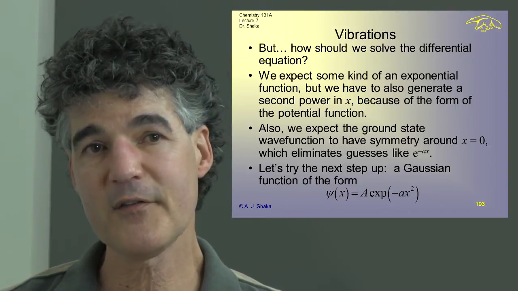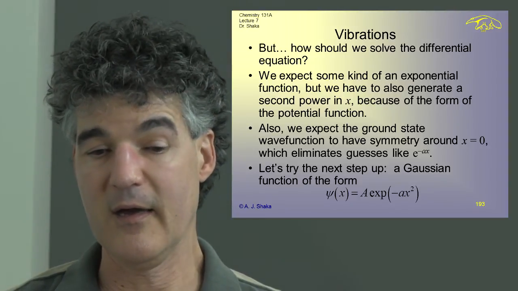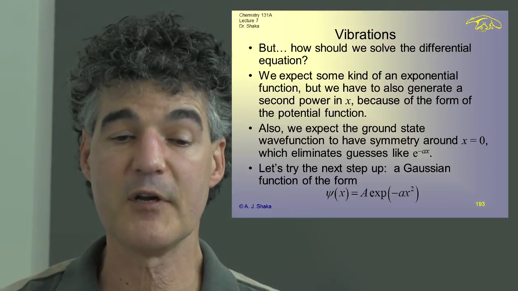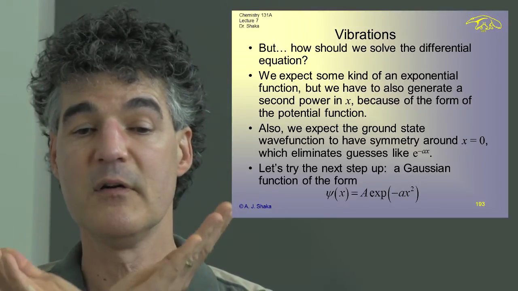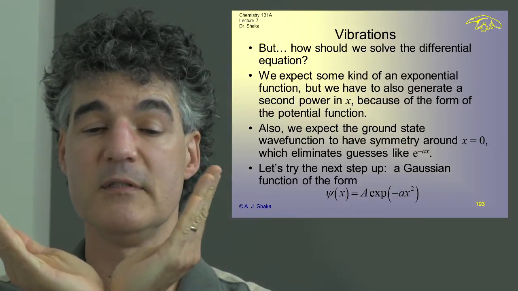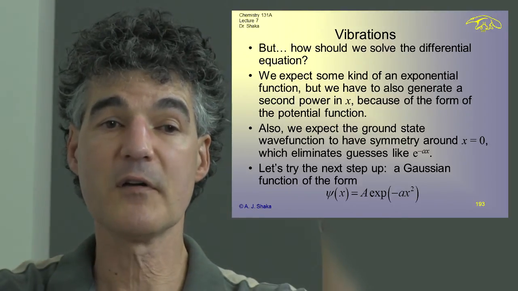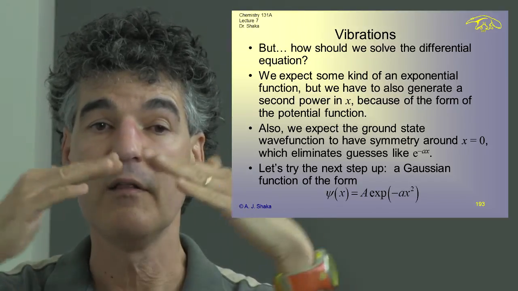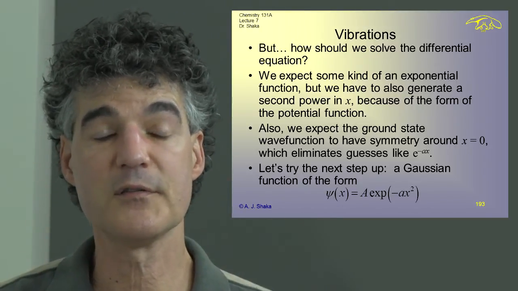Furthermore, I could guess that this thing has symmetry. If I draw the potential, at the bottom x is 0, and then it's going up, and it's symmetrical. And therefore, the wave function has to be symmetrical too.